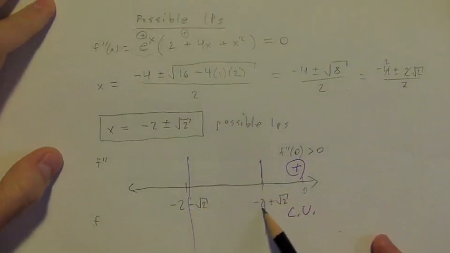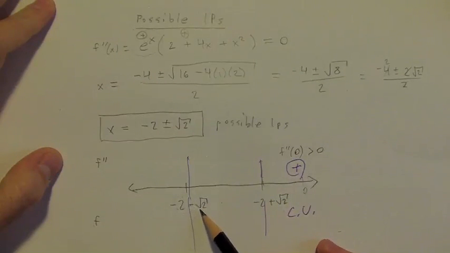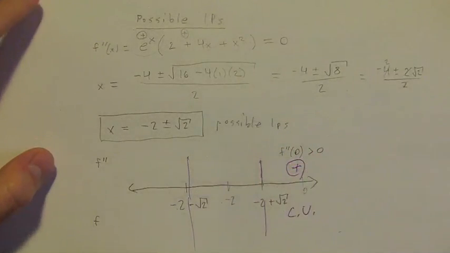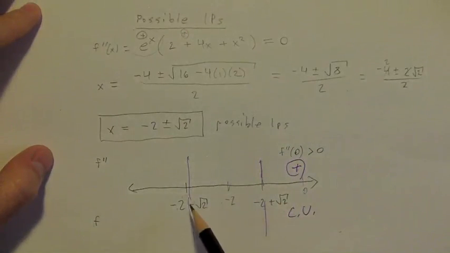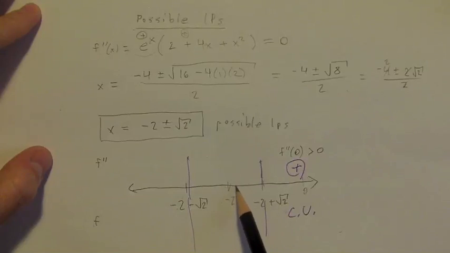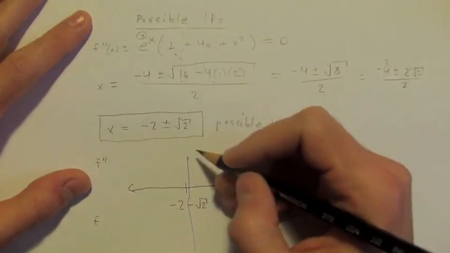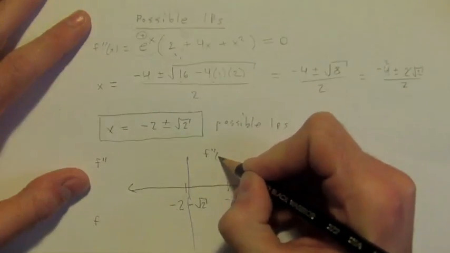Now, between negative 2 minus square root of 2 and negative 2 plus square root of 2, negative 2 sits, right? I'm adding and subtracting the exact same thing from negative 2, so right in the middle, negative 2 should live there. So now we're going to look at f double prime of negative 2.